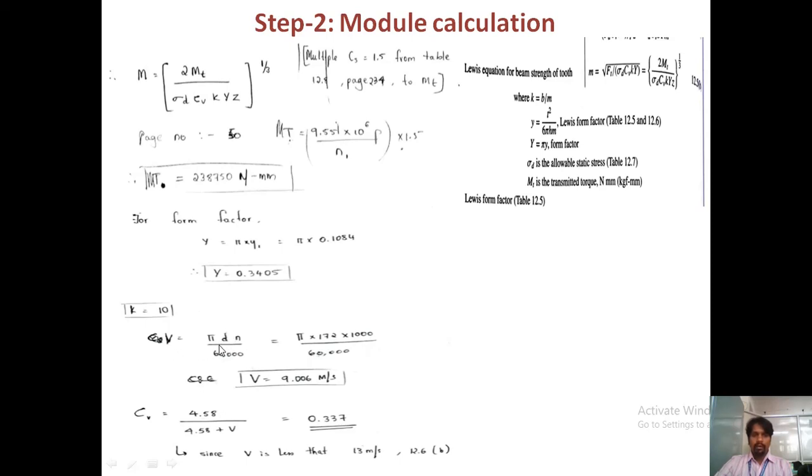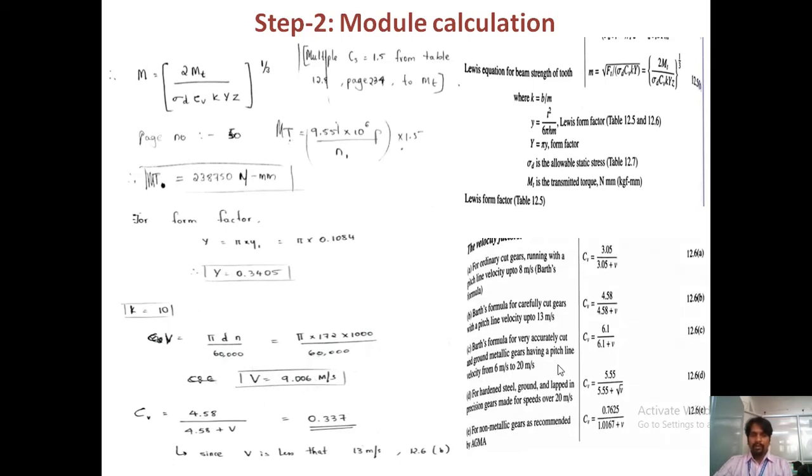But in this problem, diameter is given, teeth is not given. So by using the diameter, we calculate velocity. Velocity is given by pi d1 n1 by 60,000, or we can also use pi d2 n2 by 60,000. We need to use any one of the equations to calculate velocity. So velocity is equal to 9.006 meter per second.